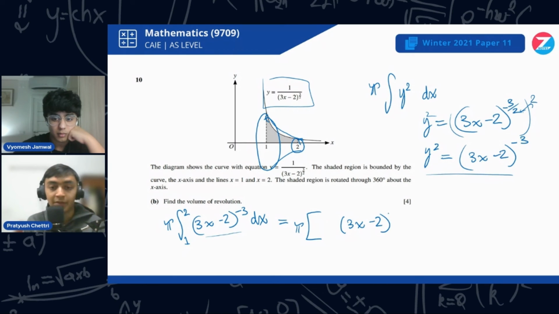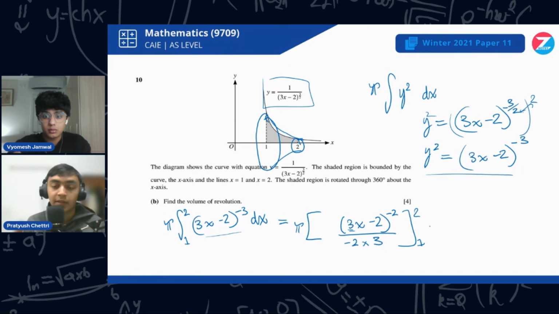We're going to increase minus 3 to minus 2, divide by minus 2, and multiply by the factor of the x, 3. Limits 1 to 2. Okay, just clean this up. Minus 2 times 3 is minus 6.